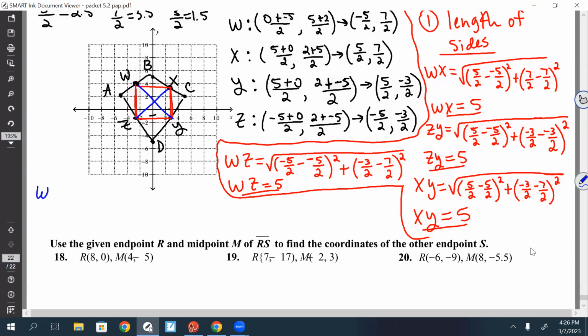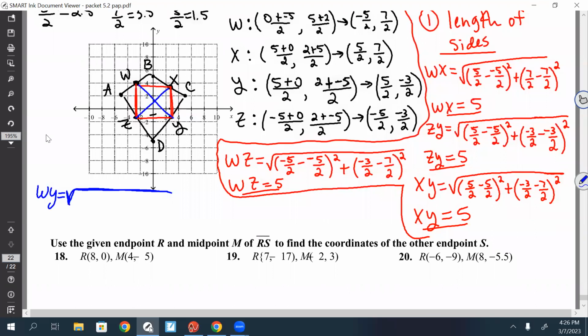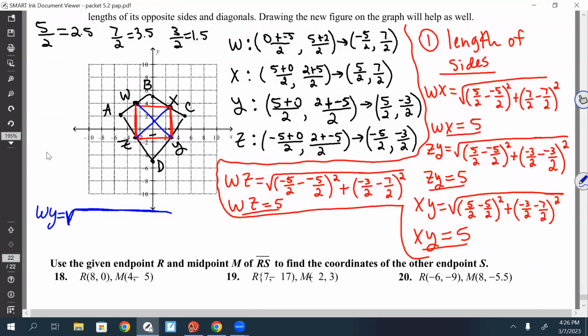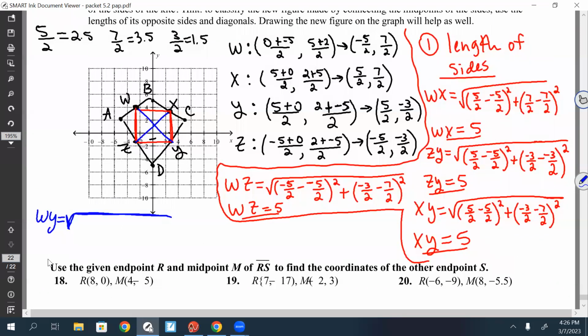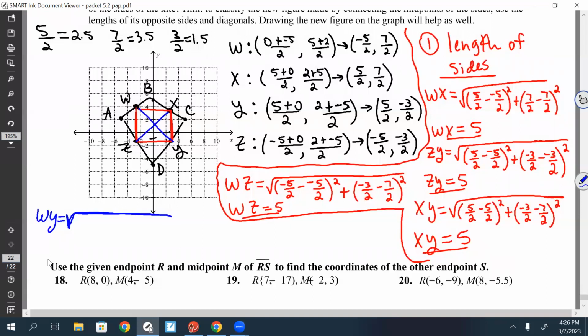So WY, we're finding the length of WY. So W, we do the X coordinates, and Y. I'm starting with the coordinates for Y because that's like my second point. So I have 5/2 minus, and then the X coordinate for W is -5/2 squared plus, and then now do the Y coordinates.